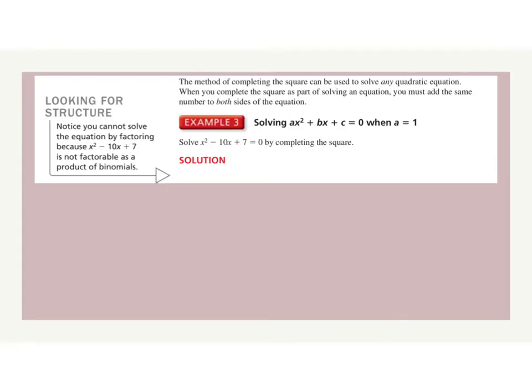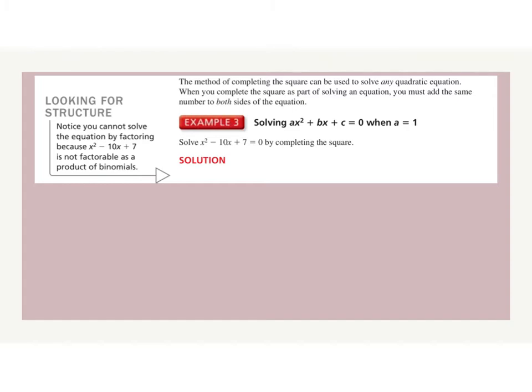Now we are completing the square and solving our equation. So before we were just pulling up a number out of nowhere for c. We're going to do the same thing. We're adding that number to our equation, but we need to keep our equation balanced. We can't just pull out a number from anywhere to be in our equation.